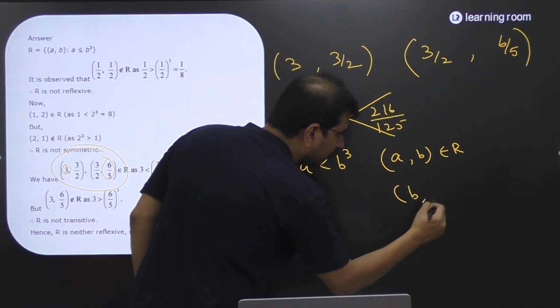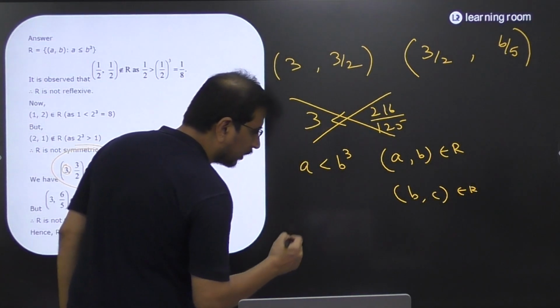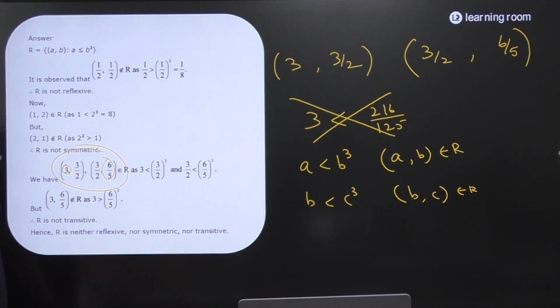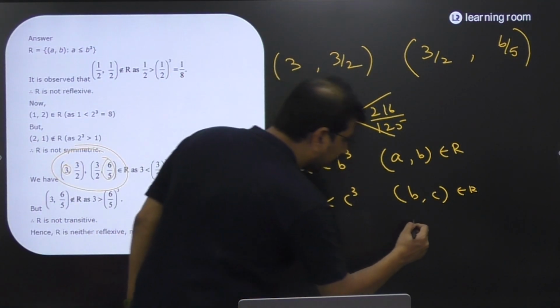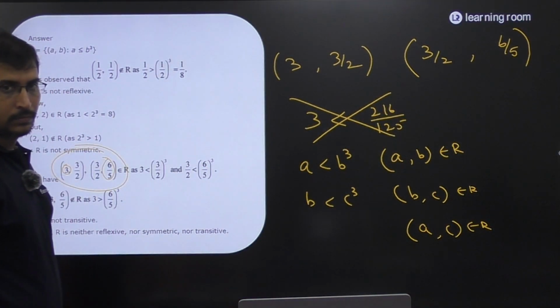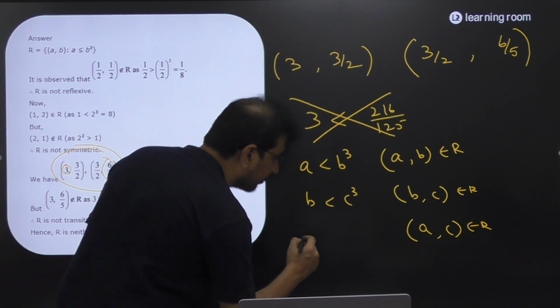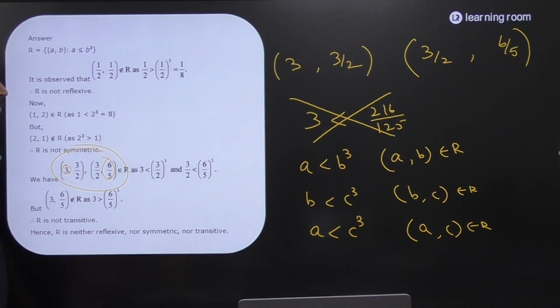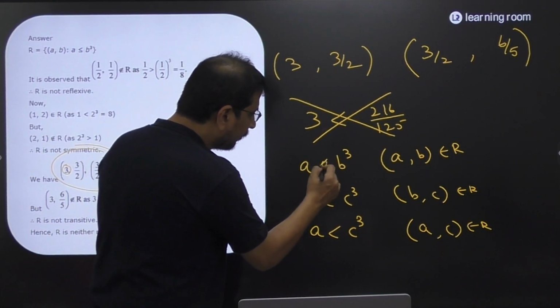You say B comma C also belongs to R. Then B will be less than C cube. Right? Then if I take A comma C, what should happen? A should be less than C cube. Right?